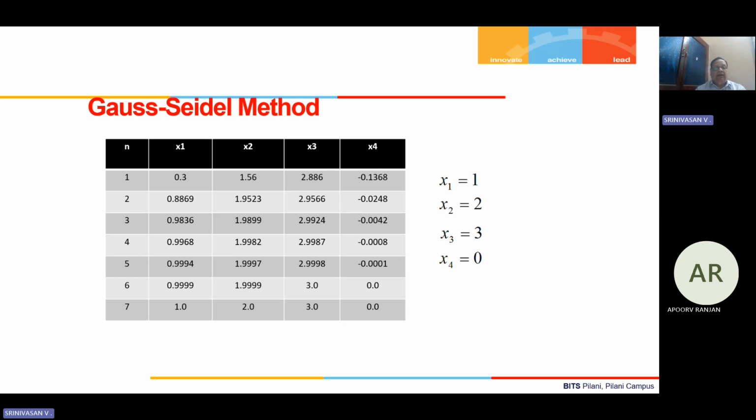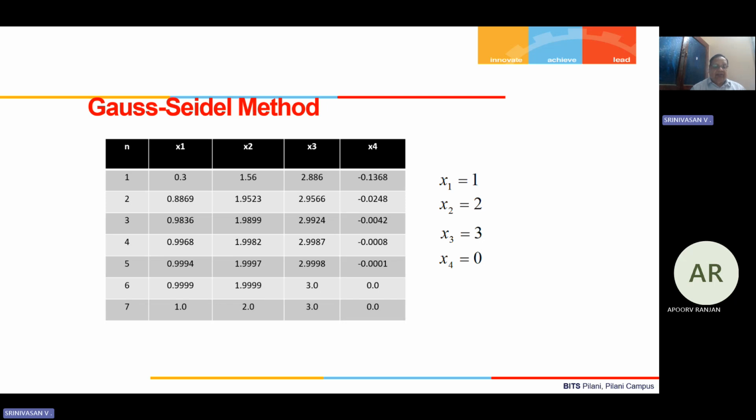Since it is not given where to stop, you just see 0.3, 0.8, so you need to go further. 0.98, you need to go further.